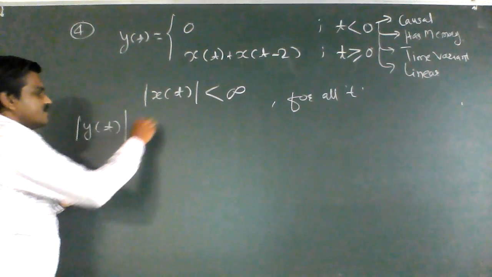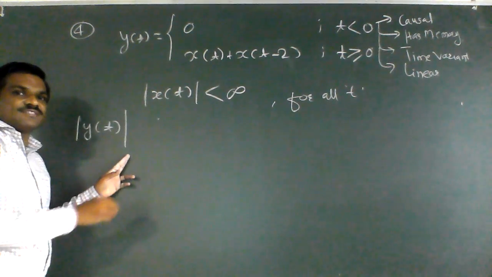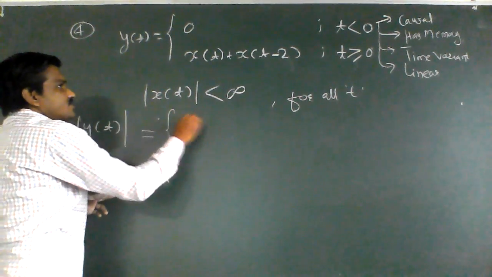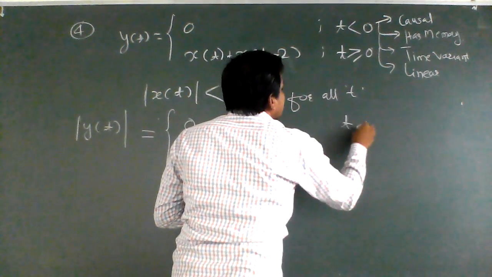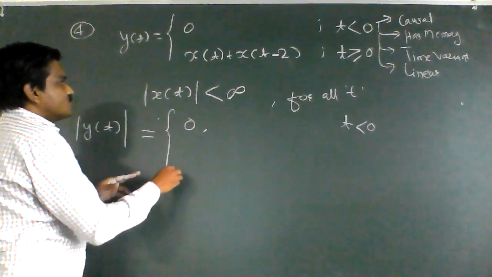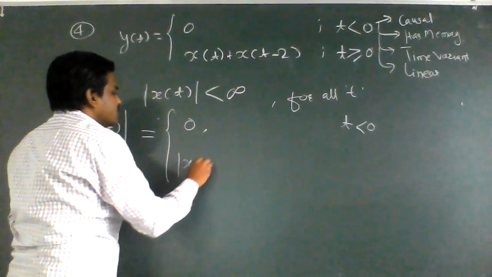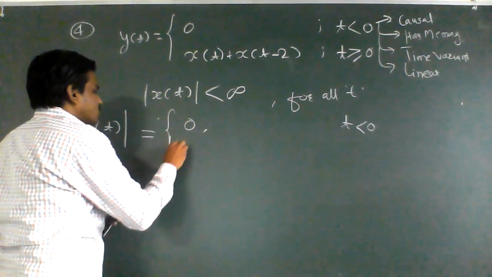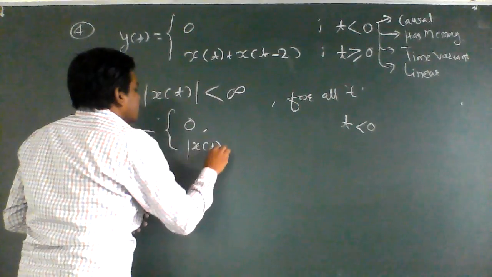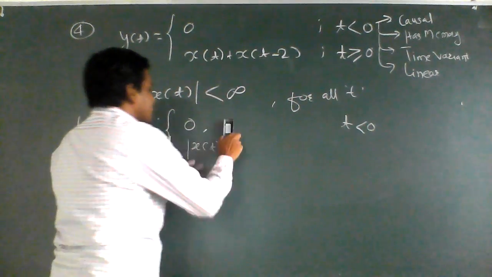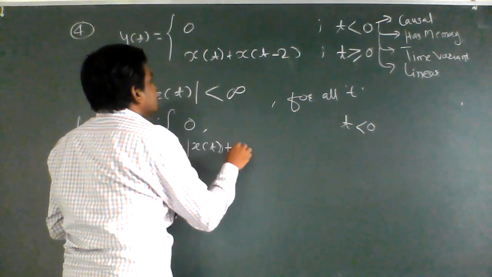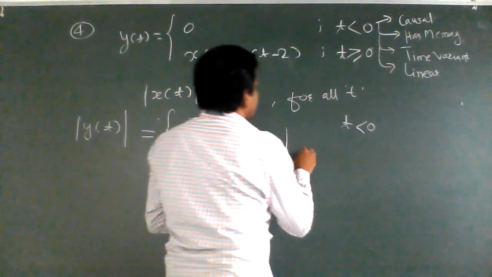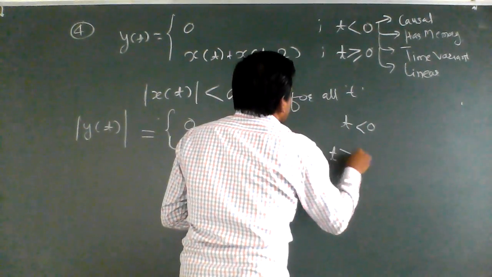Magnitude of y of t is equal to 0 for t less than 0, and it is equal to magnitude of x of t plus x of t minus 2 magnitude, for t greater than or equal to 0.